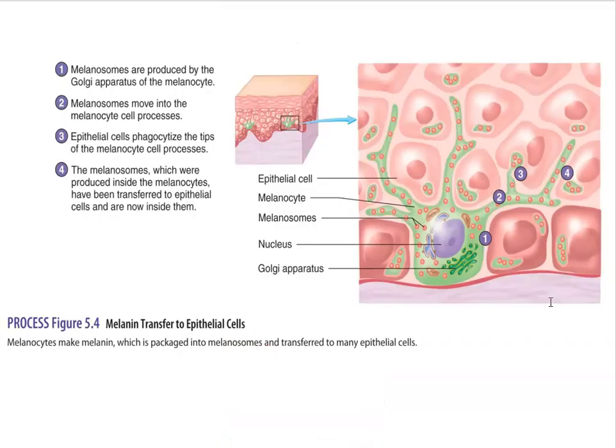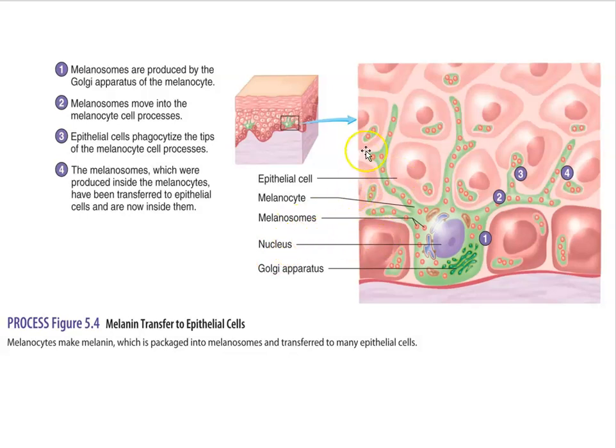This image from your book shows how this is done. So these are the normal epithelial cells all around, and then our melanocyte here with the little vesicles of melanin called melanosomes, because of course there's a special name for them.